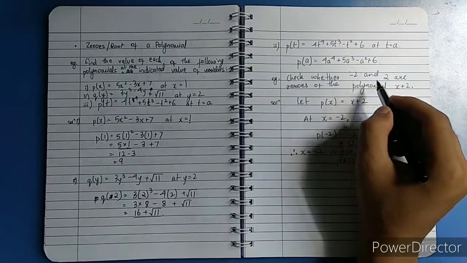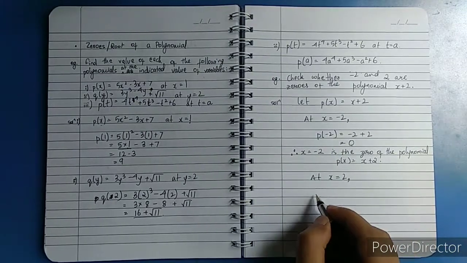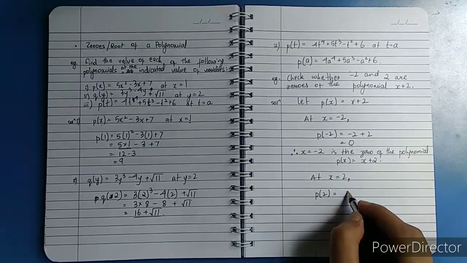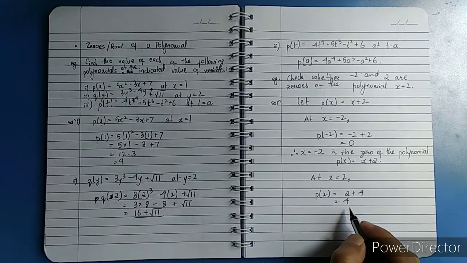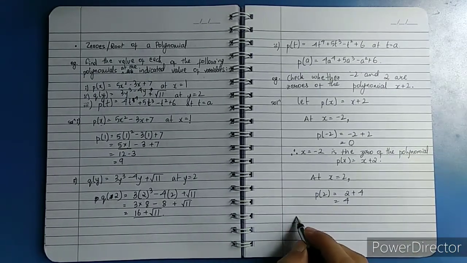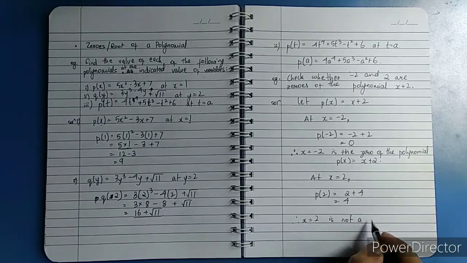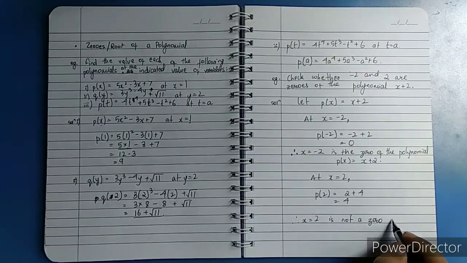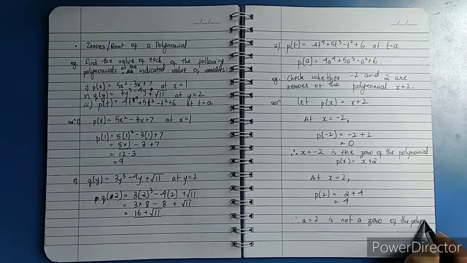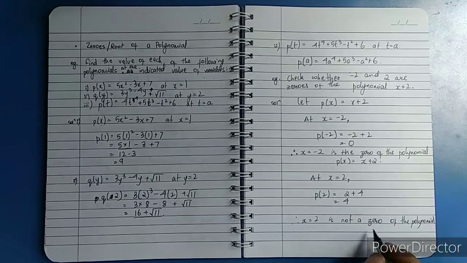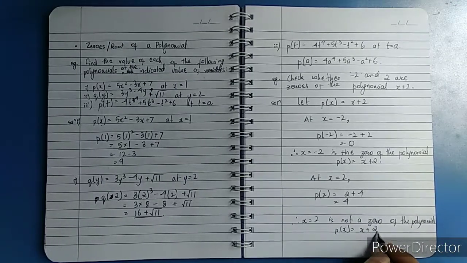Now we checked at -2, let's check at 2. At x equals 2, p of 2 equals 2 plus 2, that is 4. As the value we got is not 0, therefore x equals 2 is not a zero of the polynomial p of x equals x plus 2.